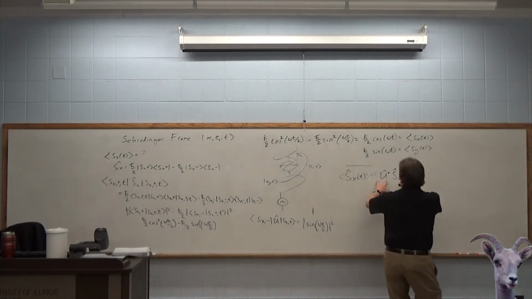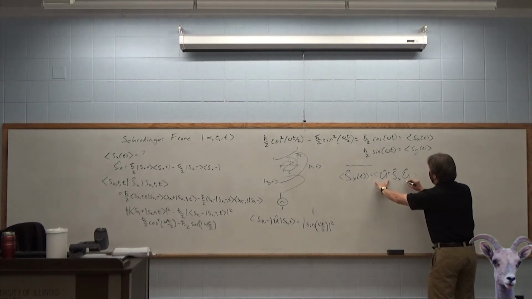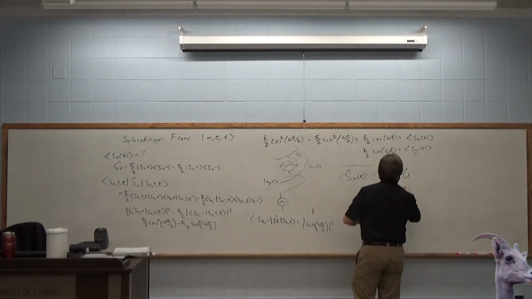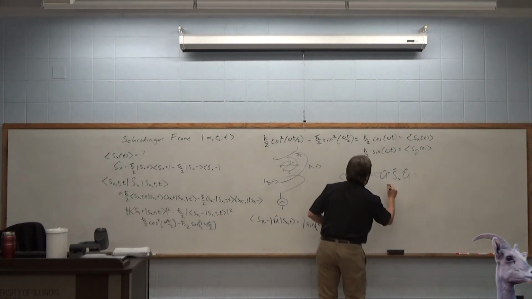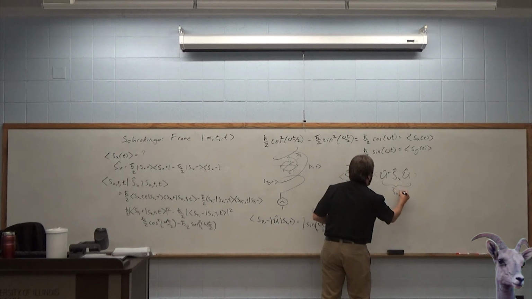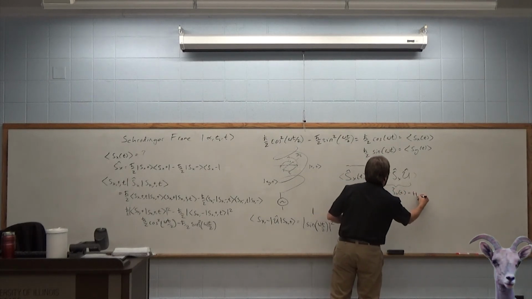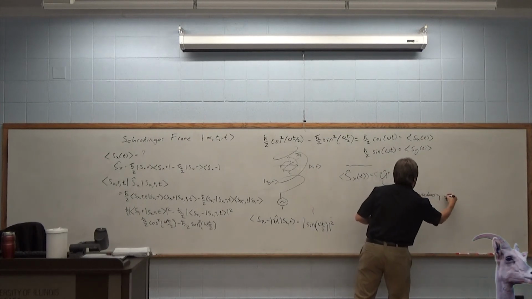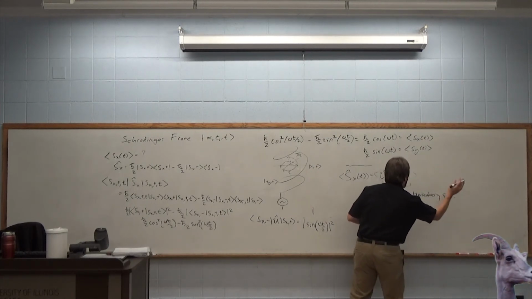I can either allow the bra and ket to evolve in time, and that's the Schrodinger picture, or I can allow the operator to evolve in time, which is the Heisenberg picture, or frame, or whatever that is.